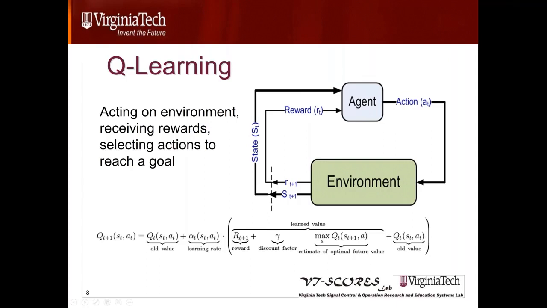And then the reward that the agent receives, and all the possible new states that could happen because of that action, are represented in this equation and are used with the learning rate to update the Q value associated with the next state.